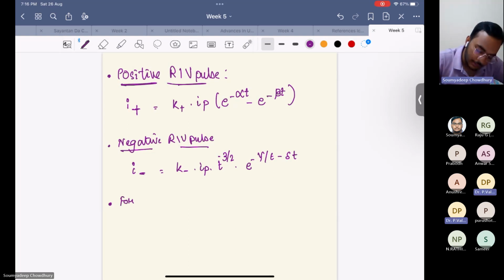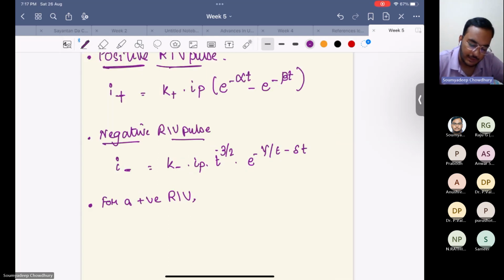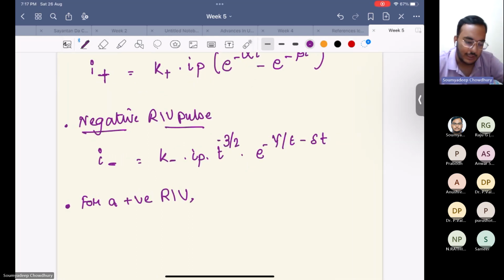Excuse me, I'll write the... Yes. Can you read the negative RIV pulse equation? It is basically I minus, given by K minus, a constant... Not audible.